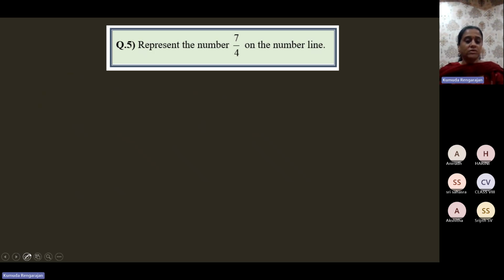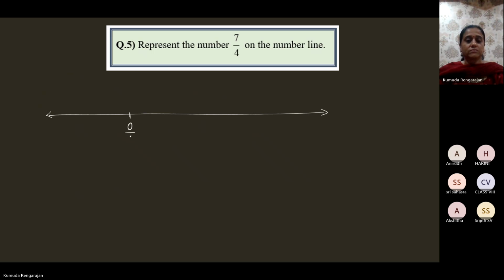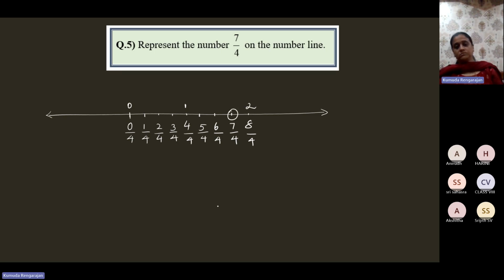Represent the number 7 by 4 on the number line. Since the denominator is 4, we'll mark with denominator 4.